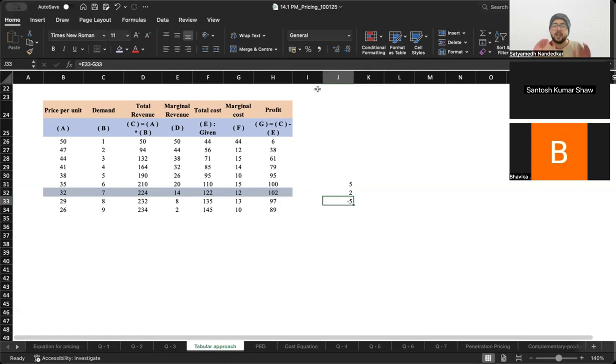So the difference between marginal revenue and marginal cost keeps on changing, but it is least when the selling price is 32, the marginal revenue is 14, and the marginal cost is 12. One step before the optimum profit was reached, the difference between MC and MR was more, and even after that, the difference was more.